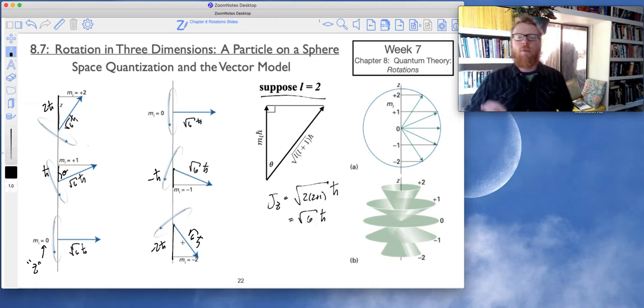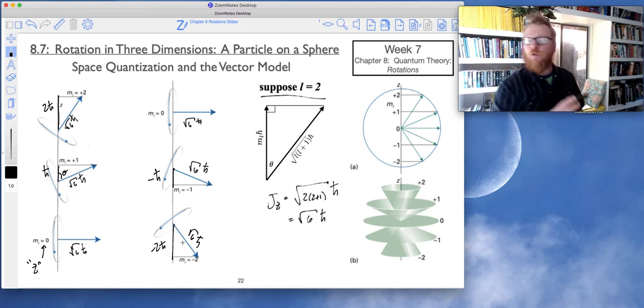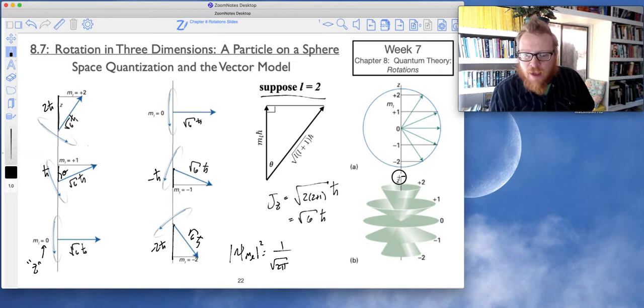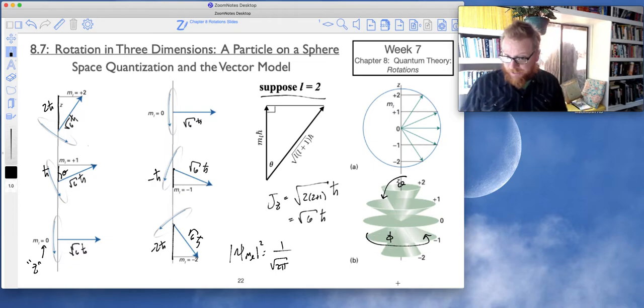And now I'll also remind you, our particle is spinning round and round. If you recall, when we did our square modulus of psi ml, that result was 1 over root 2 pi. So that means no phi dependence. When we look at this picture over here, remember, out this way is theta, and this way is phi.